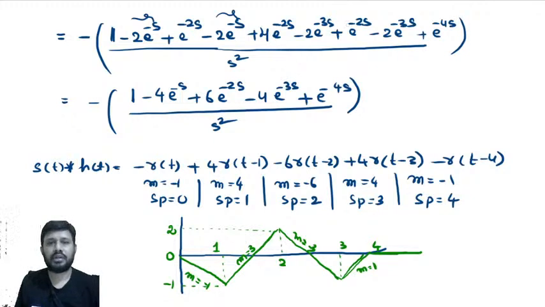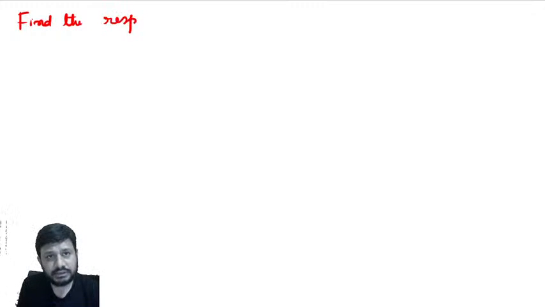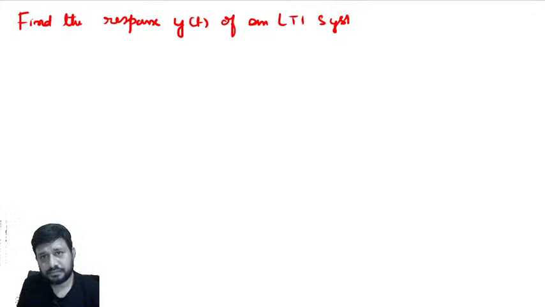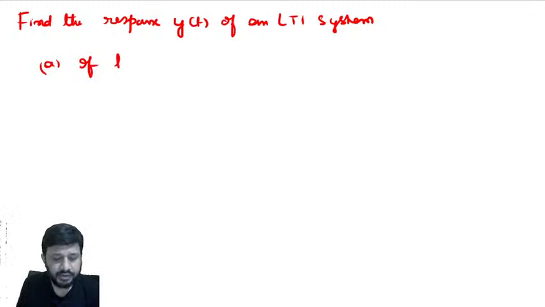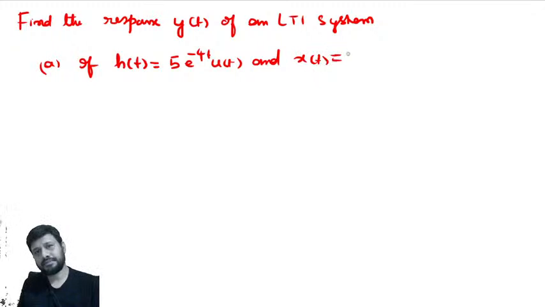Okay, let's look at the next problem. Find the response y of t of an LTI system if impulse response h of t is equal to 5 e power minus 4t u of t and input x of t is equal to u of t.